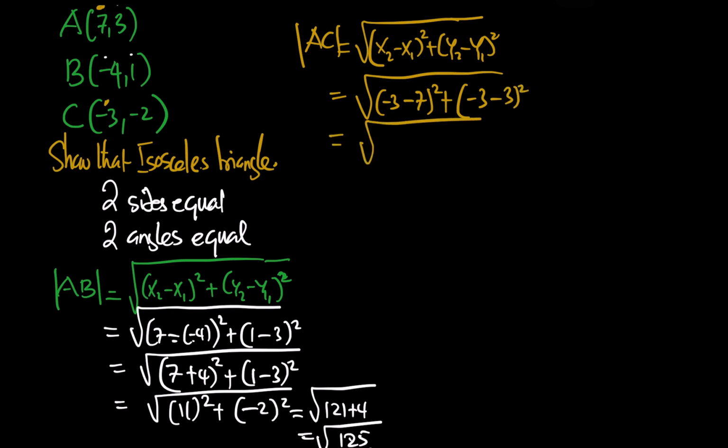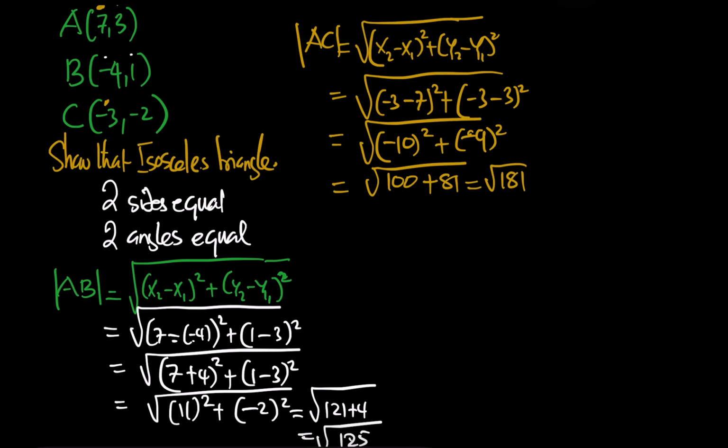We end up getting (-10) squared plus (-9) squared, which is the square root of 100 plus 81, which gives us the square root of 181. Now, what about the length of BC?